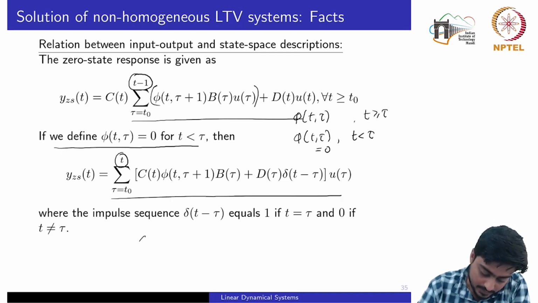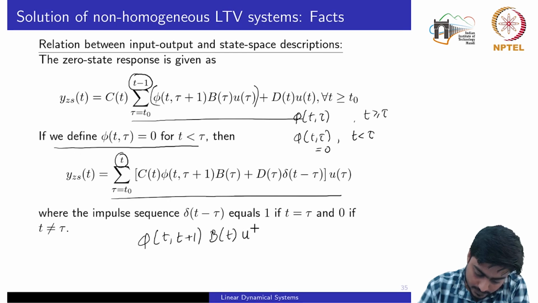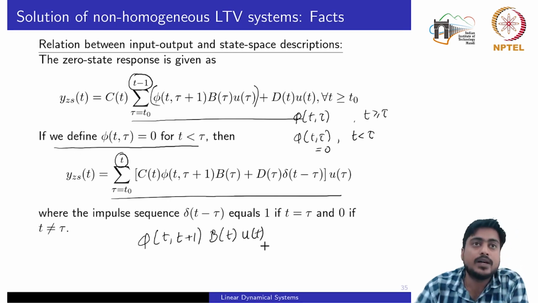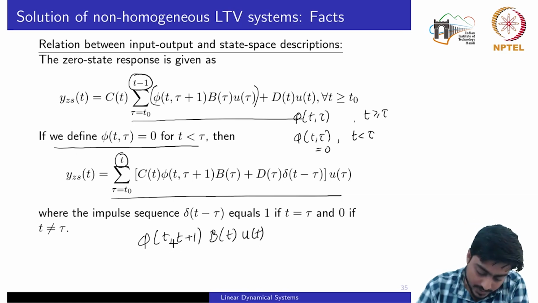So we would have phi t comma t plus 1 bt and ut, where t is an integer. Now see this part here, t plus 1 is greater than t, and we have already defined that this part is equal to 0.